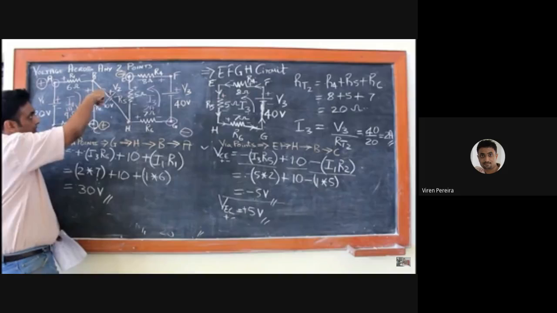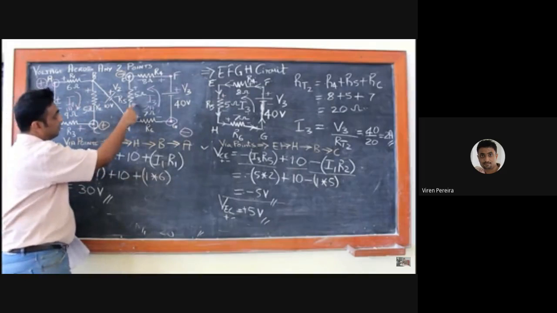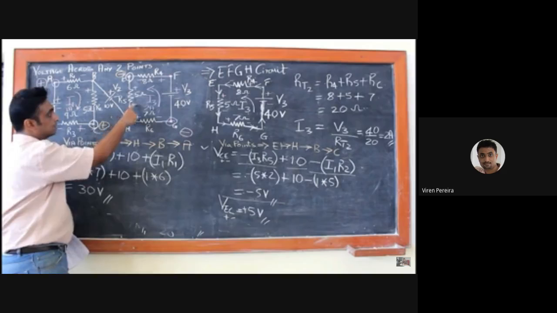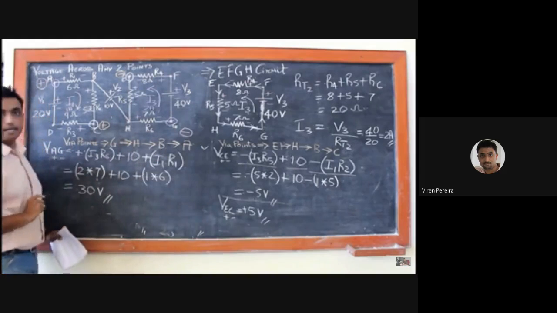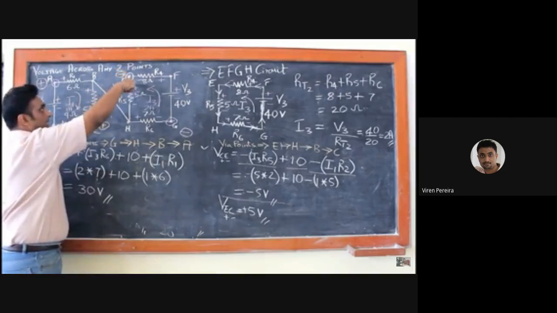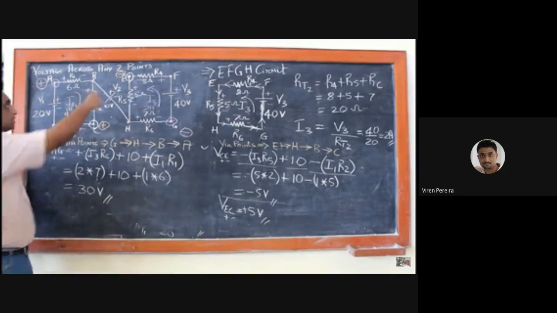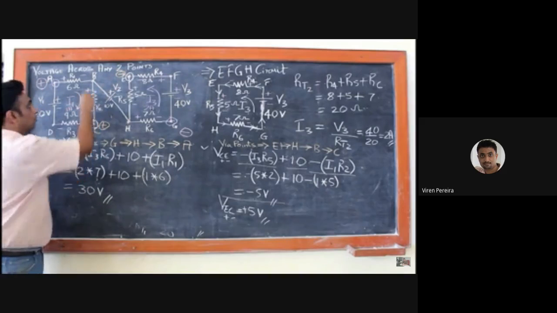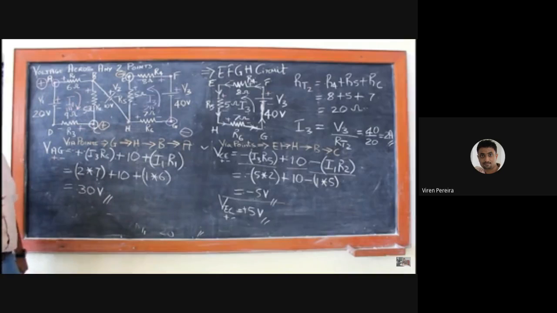First terminal is positive, so positive into positive is positive. Then again, first terminal of this resistance is negative, so positive into negative will give me negative. So either I can start off from negative or from positive. Your answer will be the same.